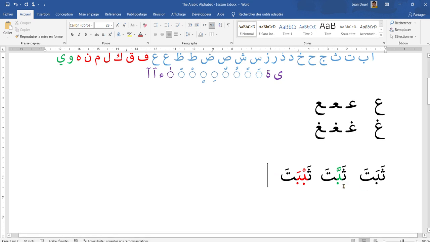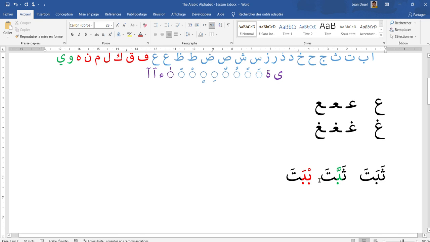So sabbata. And for this very reason, because this form is the phonetic equivalent of this spelling, I cannot have an initial shadda. Because having an initial shadda would mean an initial sukun.